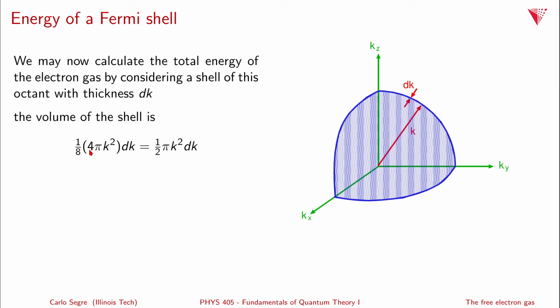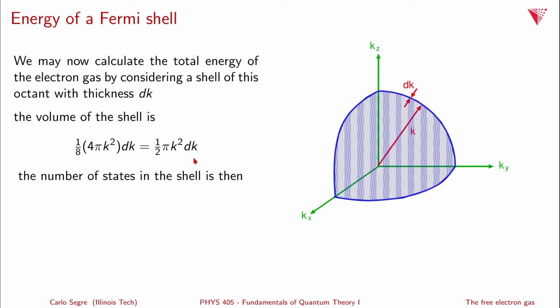With a radius k, the surface area of the shell is 4 pi times k squared. The thickness of the shell is dk, so if we multiply times dk, that's the volume of a sphere shell of radius k. Since this is just an octant, we divide it by 8. And when we pull all this through, we get 1/2 pi times k squared dk.